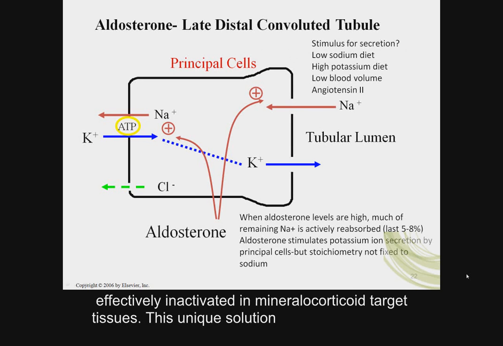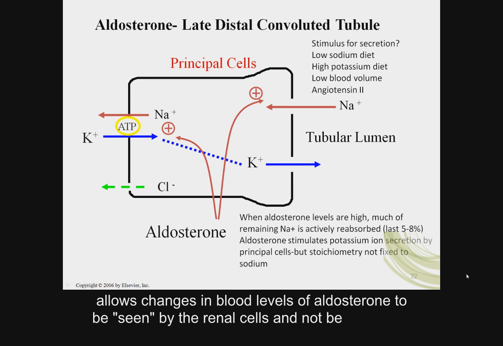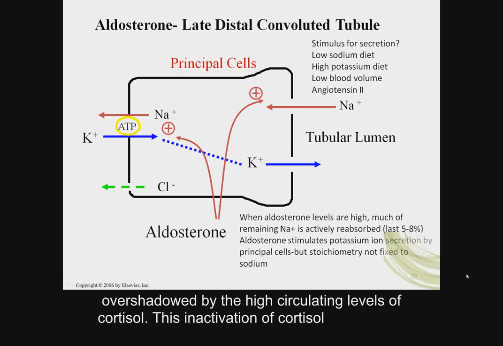In this way, cortisol is effectively inactivated in mineralocorticoid target tissues. This unique solution allows changes in blood levels of aldosterone to be "seen" by the renal cells and not be overshadowed by the high circulating levels of cortisol.